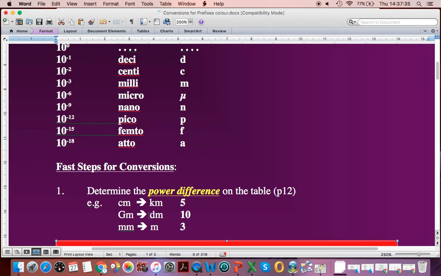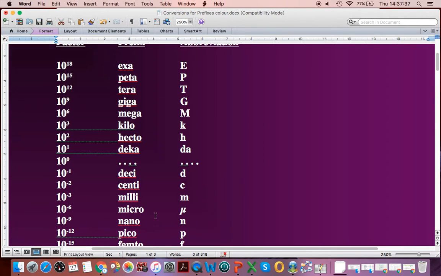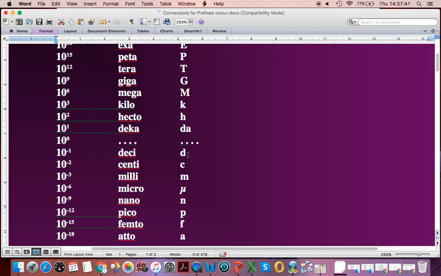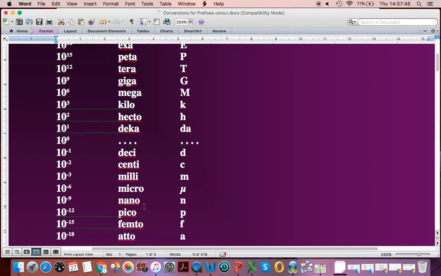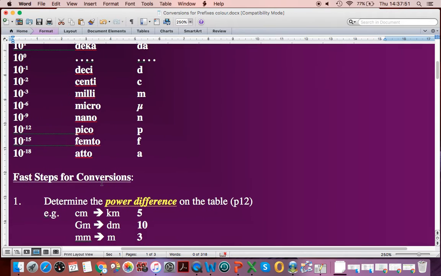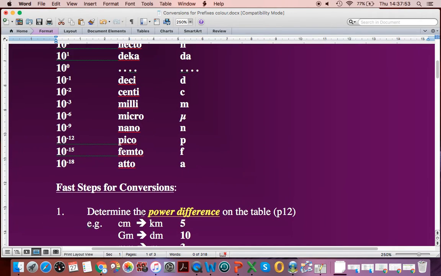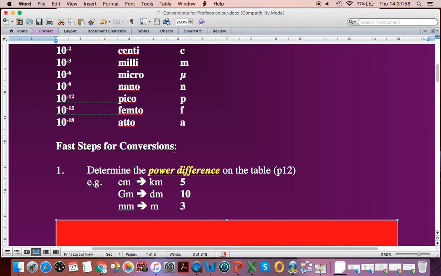Then giga is 10 to 9, deci is 10 to the minus 1, and that's a difference of 10. Milli going to meters: there's no prefix in meters, so milli is 10 to the minus 3, and the difference is 3. We're looking at the difference in the exponents from where we're starting to where we finish.